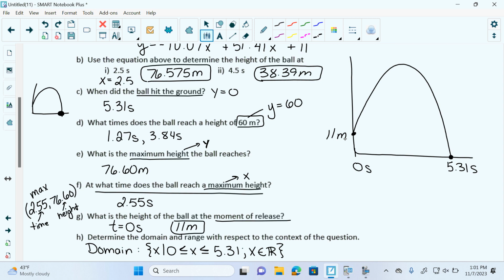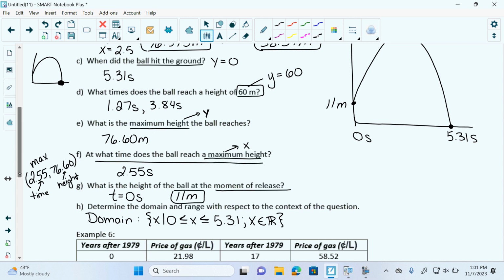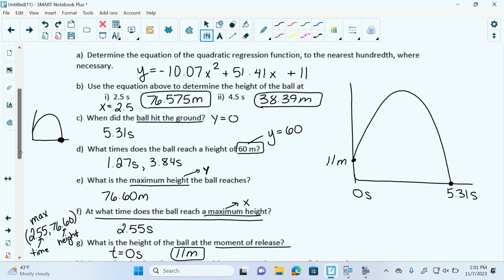So if I go to do my range, though, some people will tell me it's from 11 to 76.6. Remember, I have to represent every y that could exist. So what's my lowest y that can exist for height? 11. Nope. 0, because it can go to the ground, can't it?